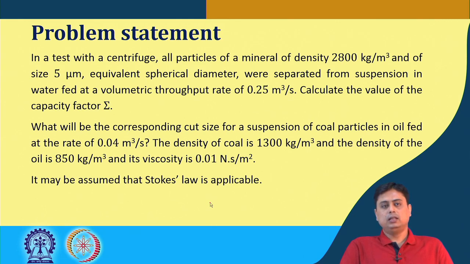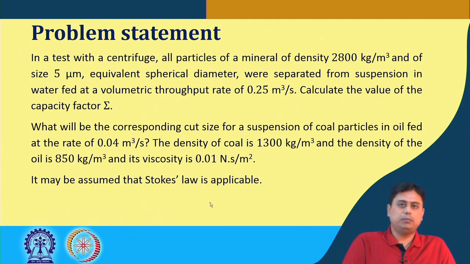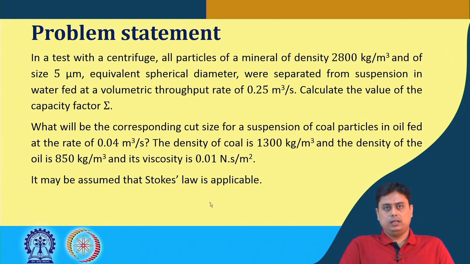And the second part is, what would be the corresponding cut size for a suspension of coal particles in oil fed at the rate of 0.04 meter cube per second. The density of coal is given, the density of oil is given, and viscosity is also provided. It can be assumed that the Stokes law is applicable.